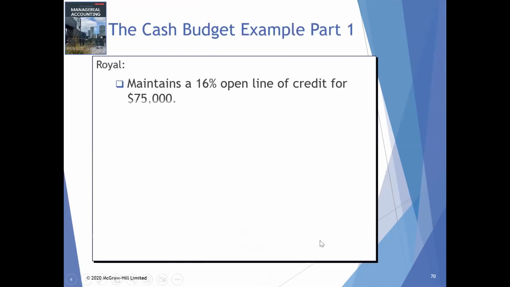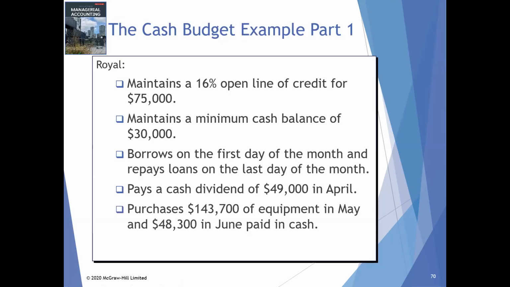Now look at this. Some of the information we already have in front of us. If there is a shortage of cash, then the company will use the line of credit at a 16% rate.